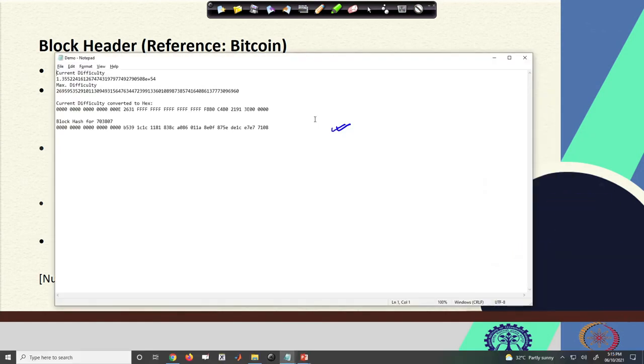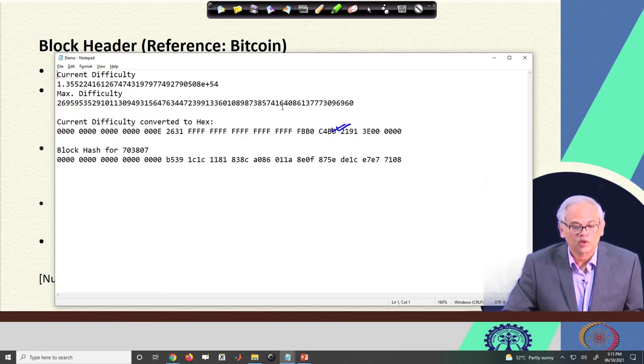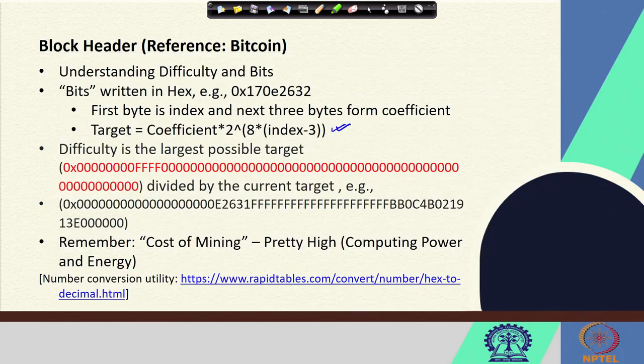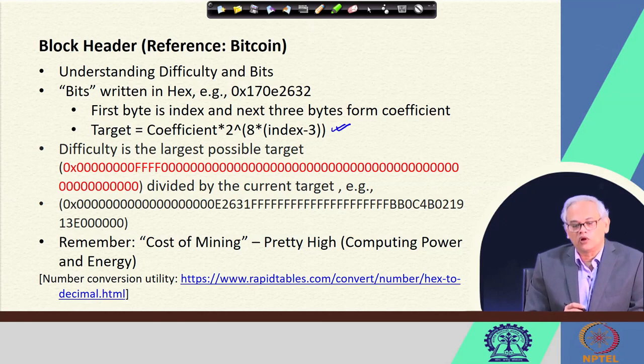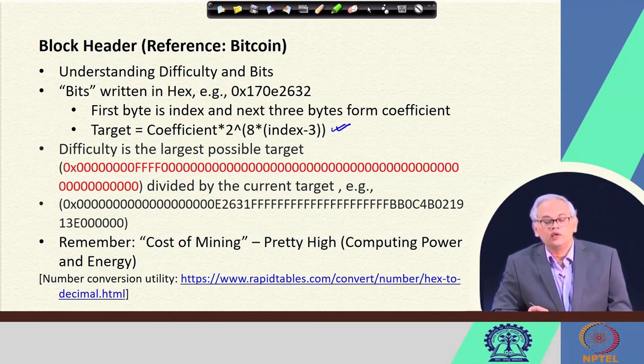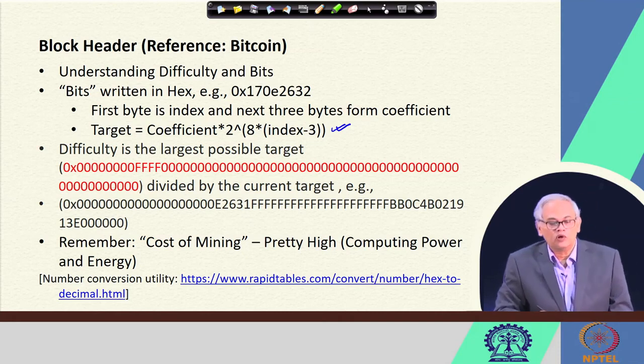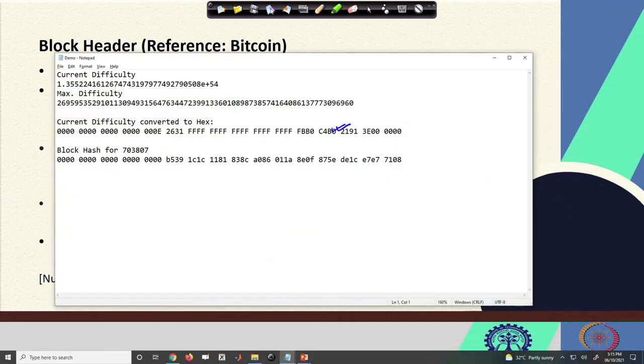If you see this particular example, for this 0x170E2632, if we get the target using this simple formula, you will get a value like what is shown here, that is 1.355 something into 10 raised to the power 54.